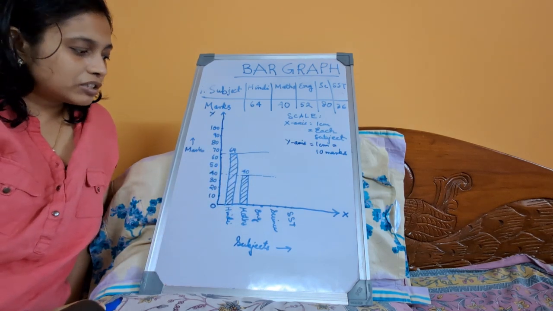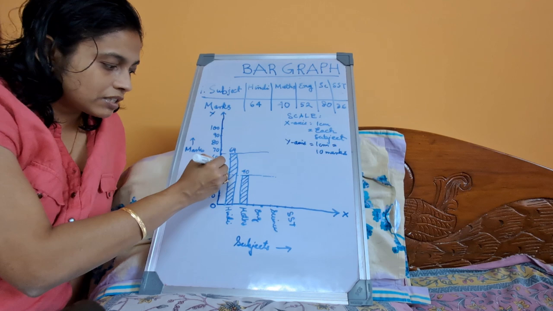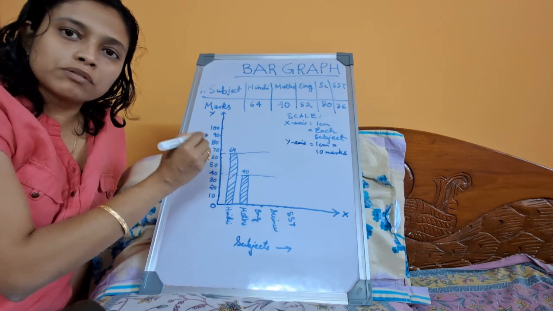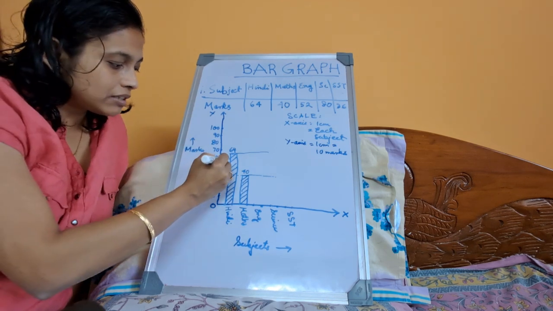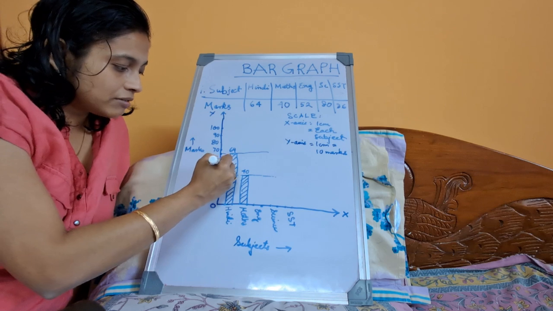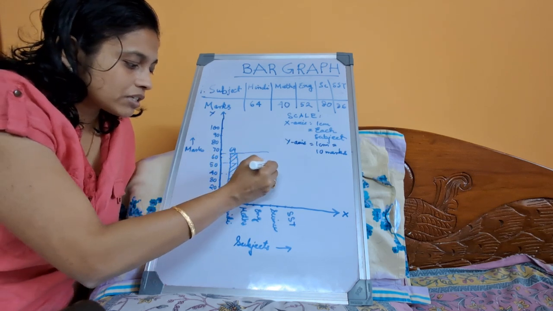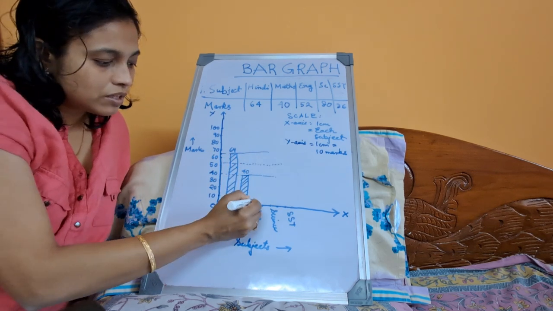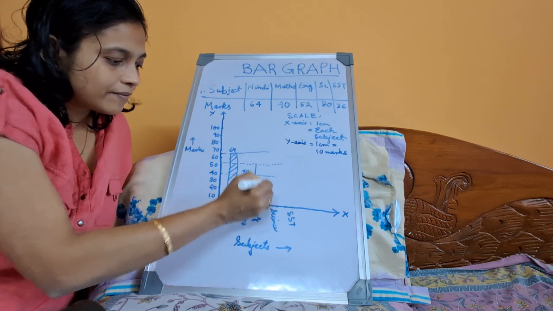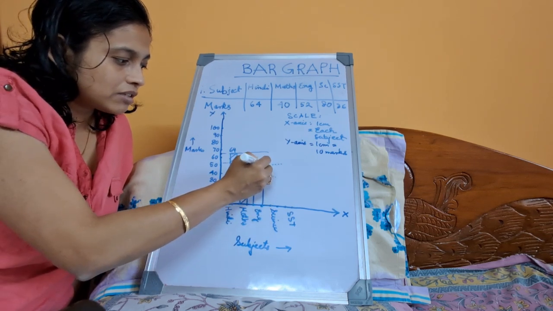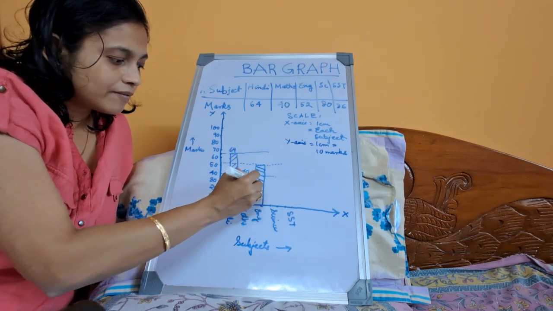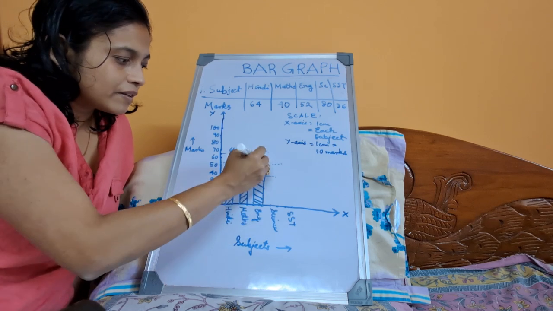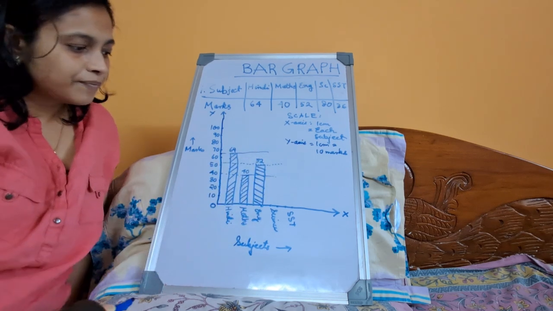Next is English, 52. So 50 is over here. Count 2 millimeter squares, squares, not rectangles. So this is 52. Now extend the English one. This is 52.